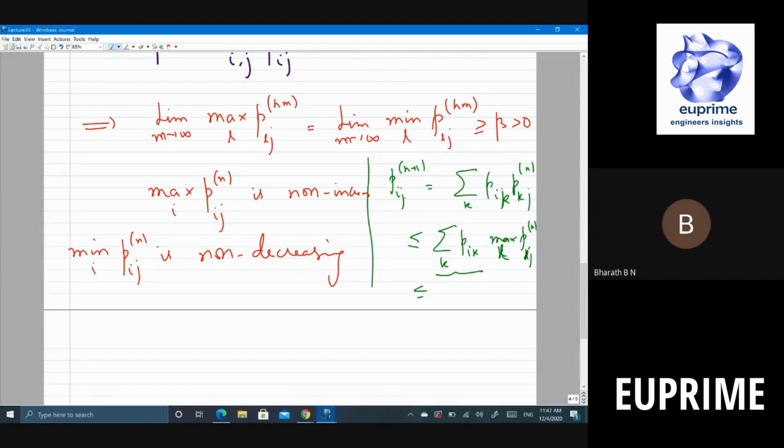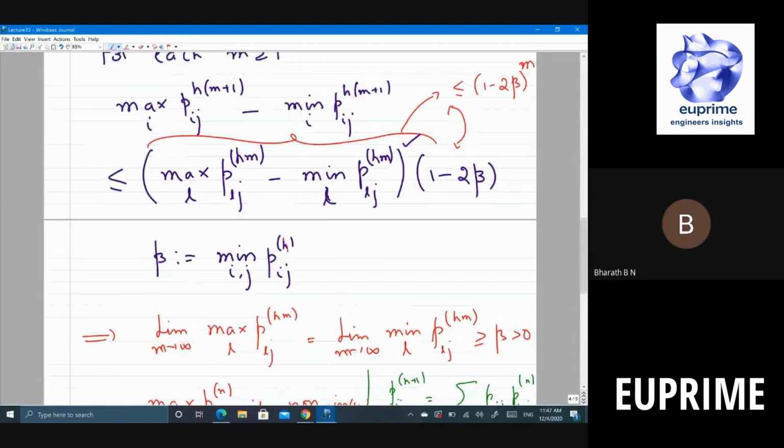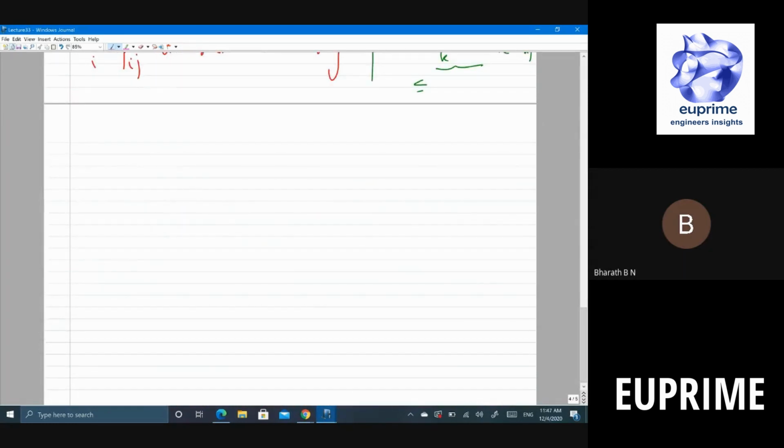Because of this, I can essentially replace the earlier results with the following. Look at max over all l of P_lj in n steps minus the minimum over all m of P_mj in n steps.